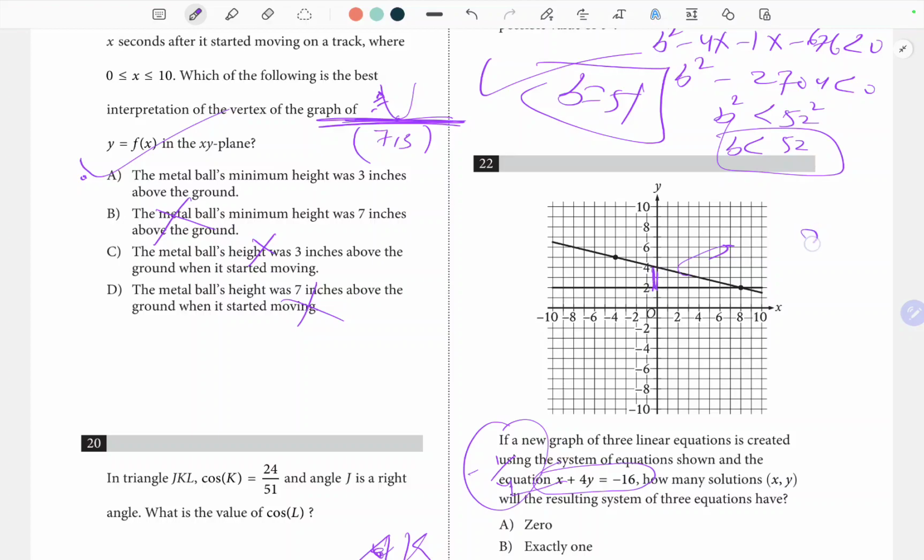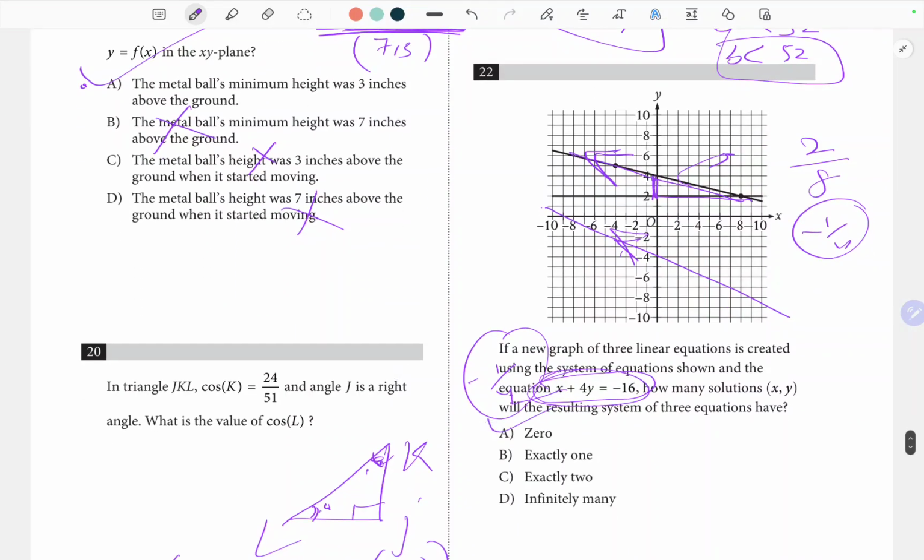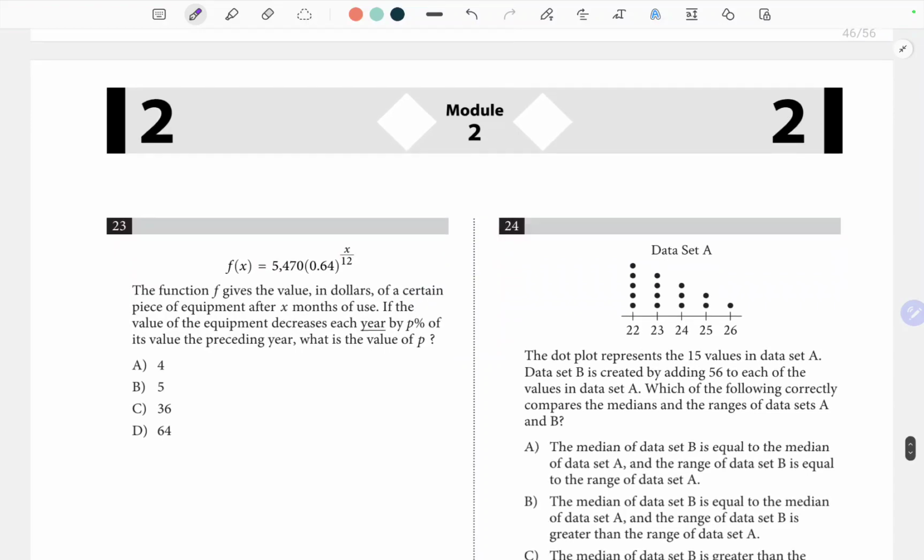Change in y, this is 2 units, and this is 8 units. 1 over 4, and for this it's negative. So minus 1 over 4 is this gradient, and this line should be parallel, right? So when it is parallel, then it will not intersect. Suppose I'm not drawing an exact line, but I'm sure the line will be parallel like this. So it will not intersect if these two are parallel. So answer should be 0. It will never intersect.